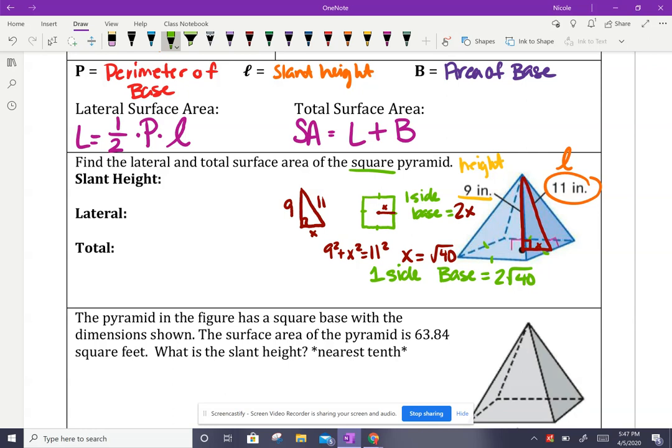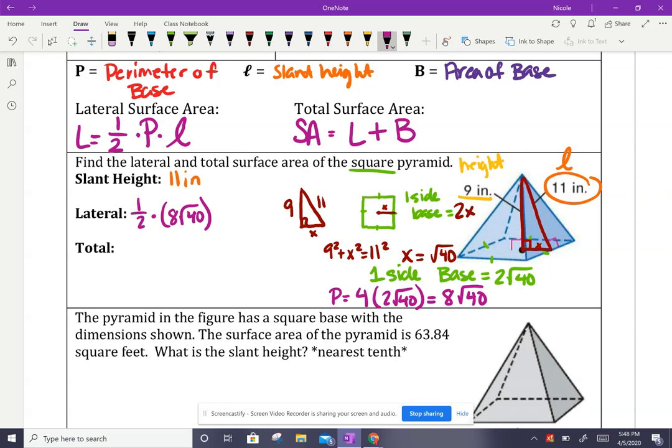So a few things I need to isolate. Slant height, again, was 11 inches. That's something we already found. For my lateral surface area, I'm going to take 1/2 times the perimeter. So if one base is 2 root 40, perimeter is going to be, there's 4 of those, 2 root 40. So my perimeter is going to be equal to 8 root 40. Make sure you use parentheses.